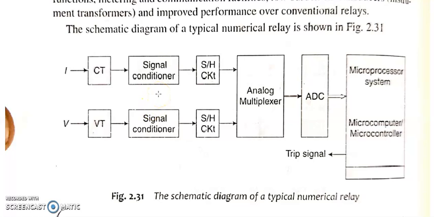Again it is given to the sample and hold circuit, where the analog multiplexer as well as the ADC will convert the analog into digital. So it is in the form of discrete values and is again processed by the numerical relay using a special algorithm so as to discriminate fault from healthy and make trip decisions, which are given to the circuit breaker whenever a fault occurs.